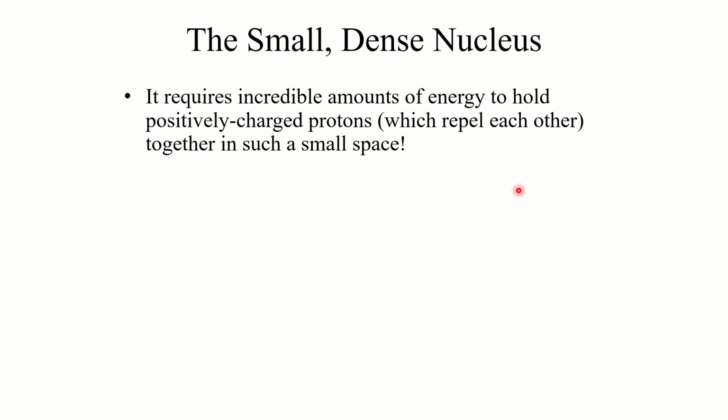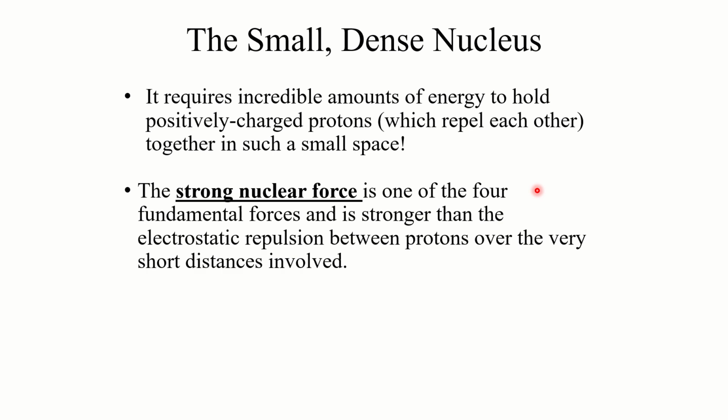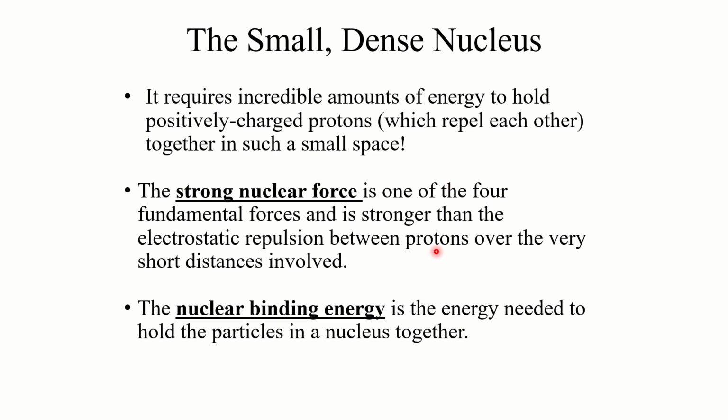The key force here, one of the 4 fundamental forces, is the strong nuclear force. This strong nuclear force holds the protons and neutrons together, and is stronger than the electrostatic repulsion between protons over the very short distances involved. Another term is the nuclear binding energy. This is the energy needed to hold the particles in a nucleus together.